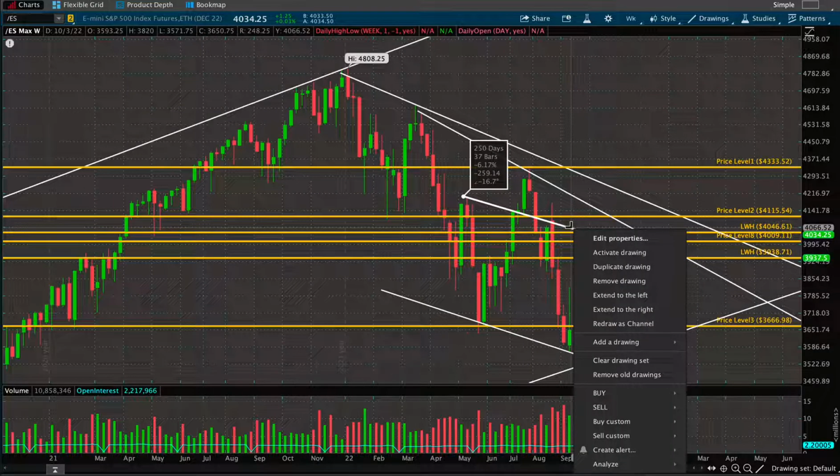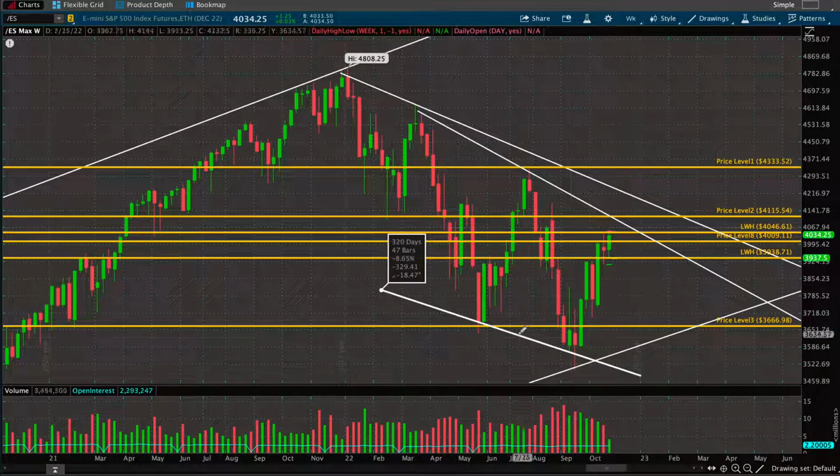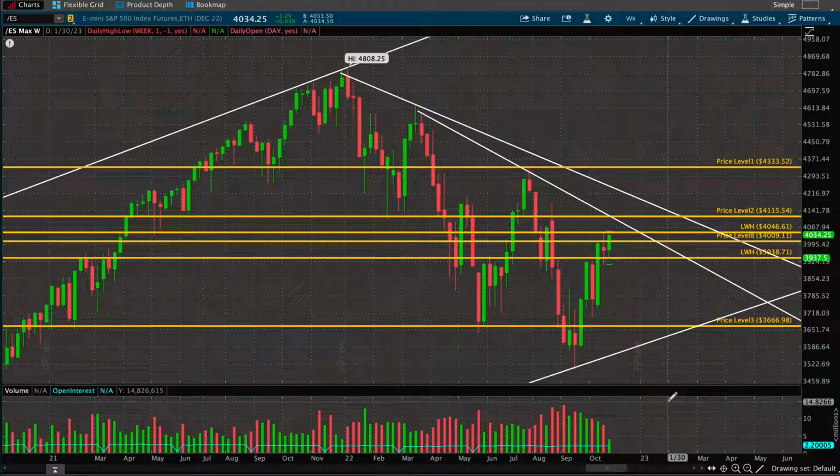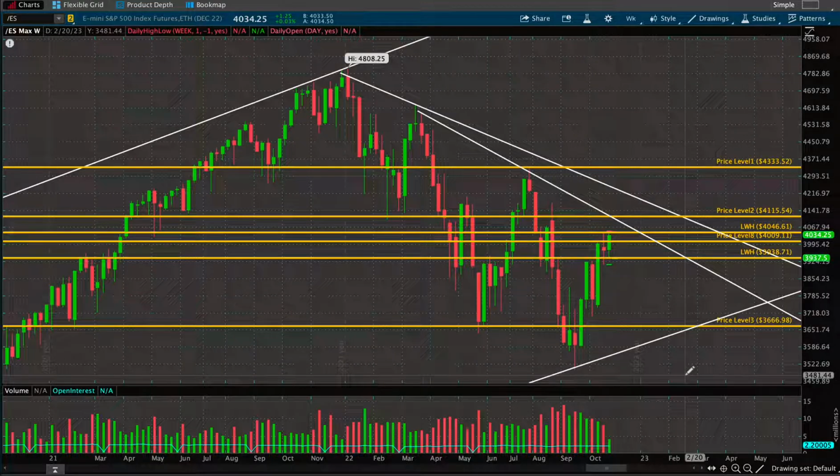Primarily, what I want to discuss with my viewers today is how similarities can be drawn on a bigger time frame. So let me remove these lines from here, and the levels are pretty much the same.